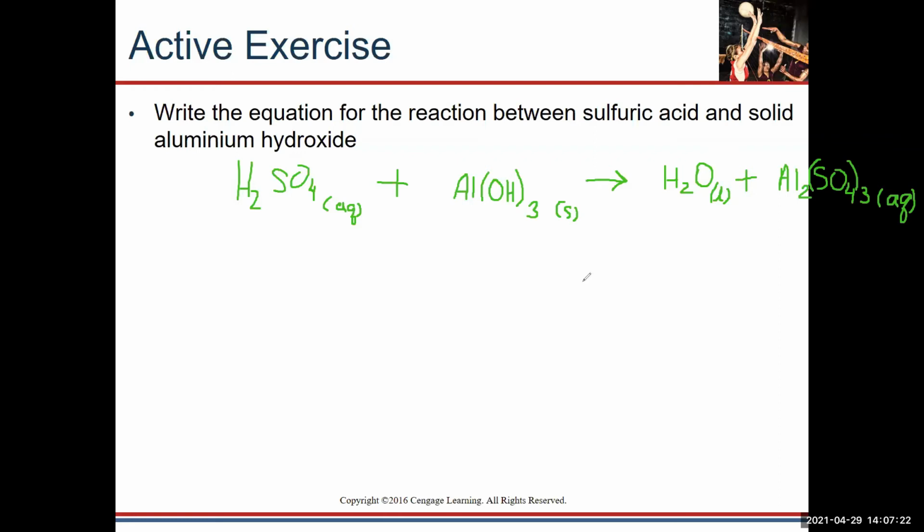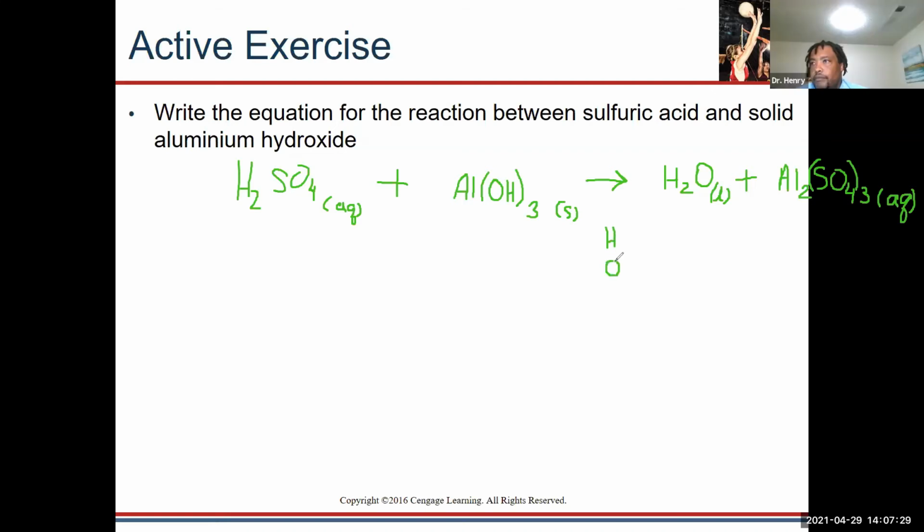List the common elements. You can just keep SO4 as it is. Aluminum and then SO4. So on the product side, how many aluminum do I have? 2. On the reactant side, 1.